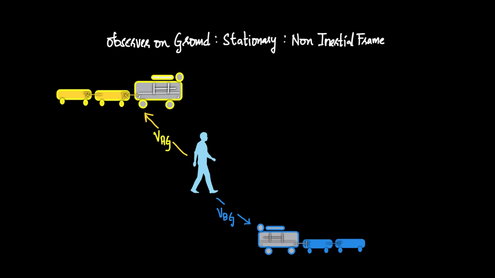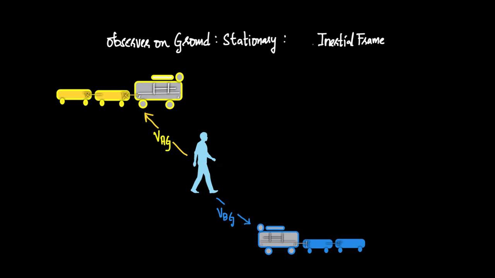Moving is non-inertial, it should be inertial frame, right? So it's either stationary or inertial and moving or non-inertial. So since ground is assumed to be stationary, this frame is an inertial frame.